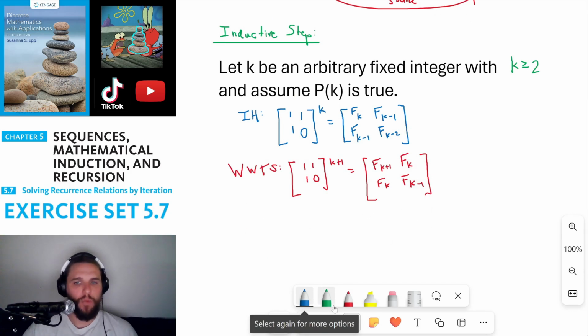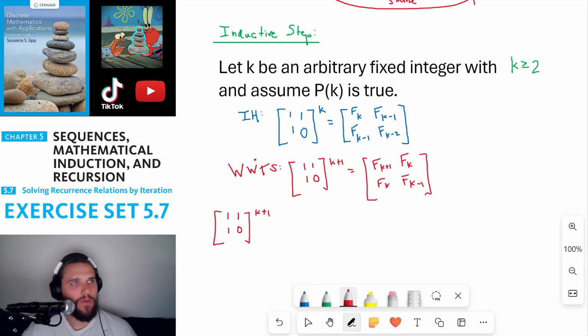Now to prove this, we're going to start with the left-hand side here. Now we want to use our inductive hypothesis. Our inductive hypothesis tells us what happens when we raise this matrix to the kth power, but that's not quite what we have here. And so what I'm going to do first is rewrite this as the multiplication of two matrices.